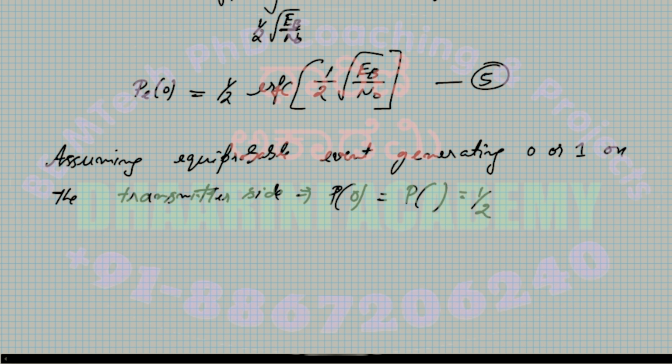The probability of generating the symbols is assumed to be half.